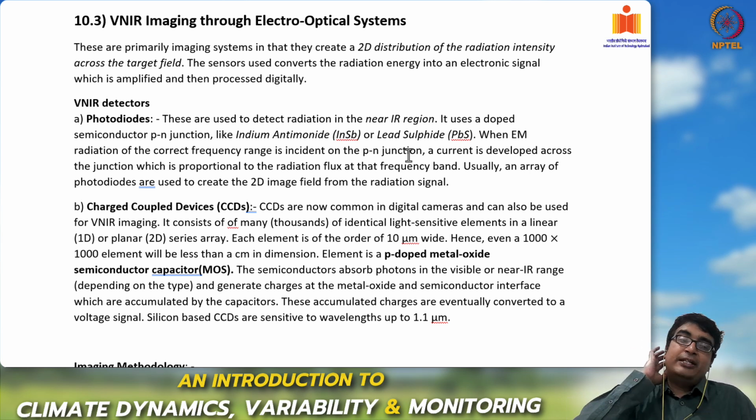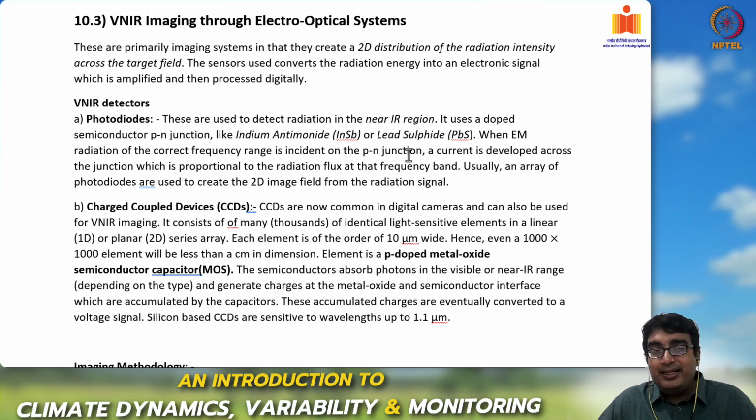The other type of detector that is used often is called charge coupled devices. These are the center of most digital photography. They are common in digital cameras and can also be used in VNIR imaging. Now, photodiodes are primarily used for the near infrared region, so not the visible spectrum.